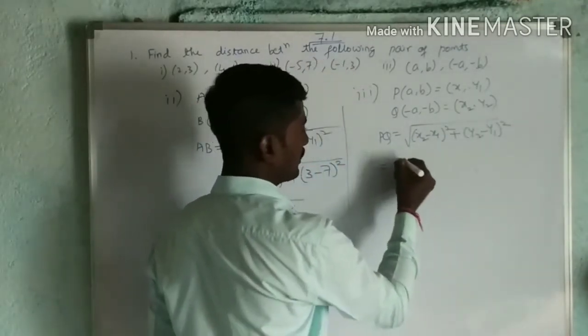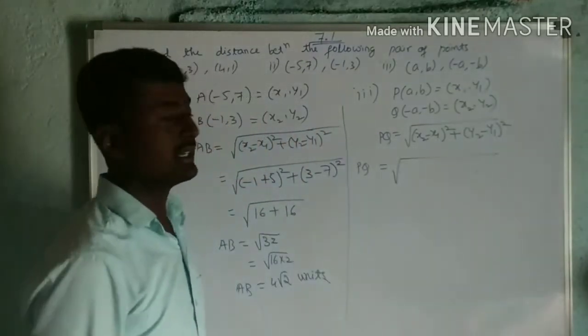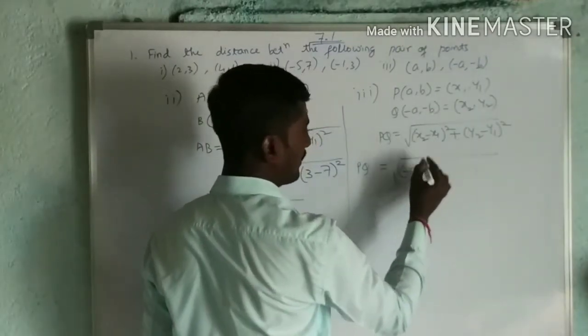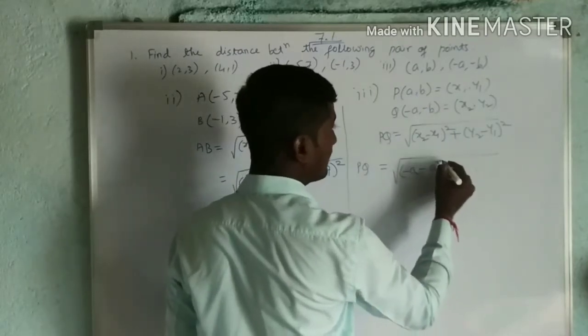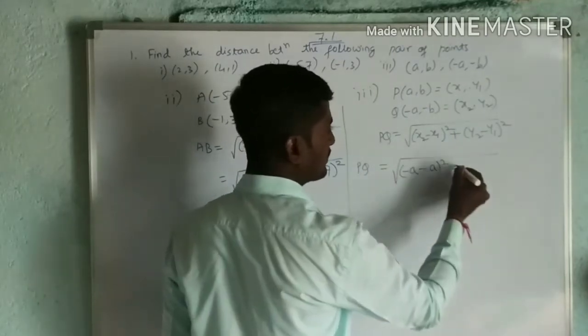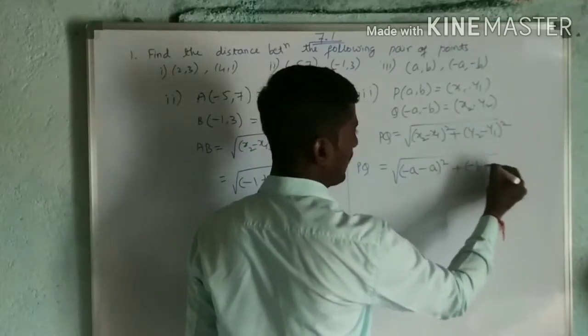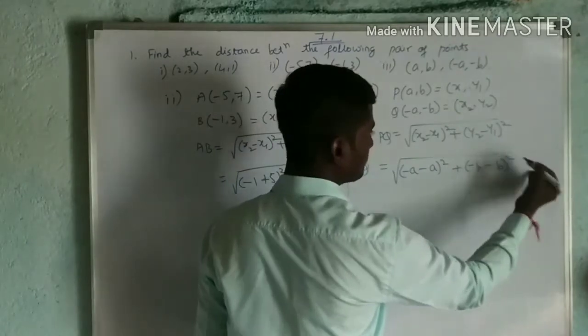Now this is equal to under root of, substitute the values. Here x2 is minus a, minus x1 is a, square, plus y2 is minus b, minus y1 is b, square.